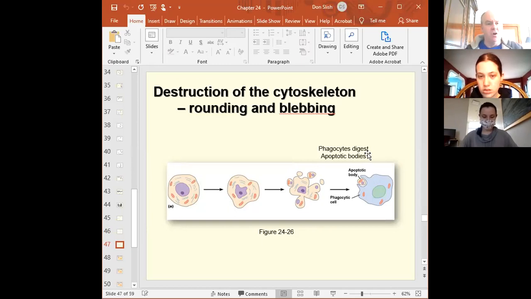Okay, so what's important here? The cell rounds up from the cytoskeleton being degraded. The DNA fragments into small pieces. The organelles fragment; they fall apart as well, and then the cell collapses into apoptotic bodies. Let's take a look at this animation.